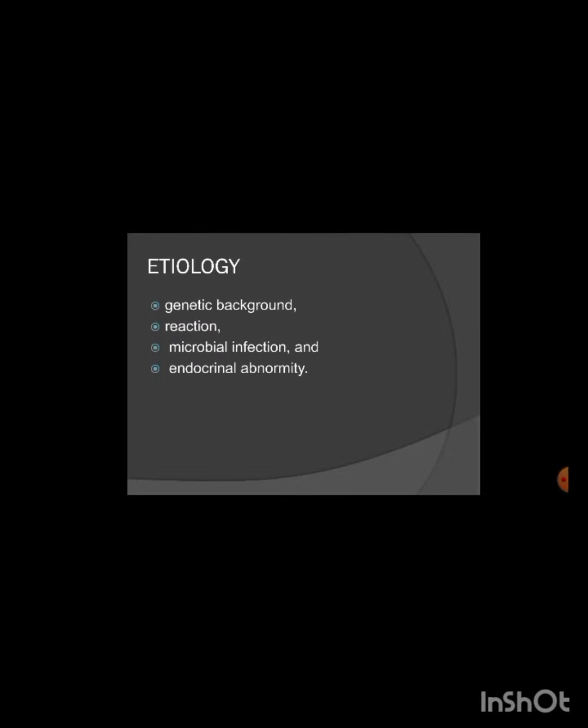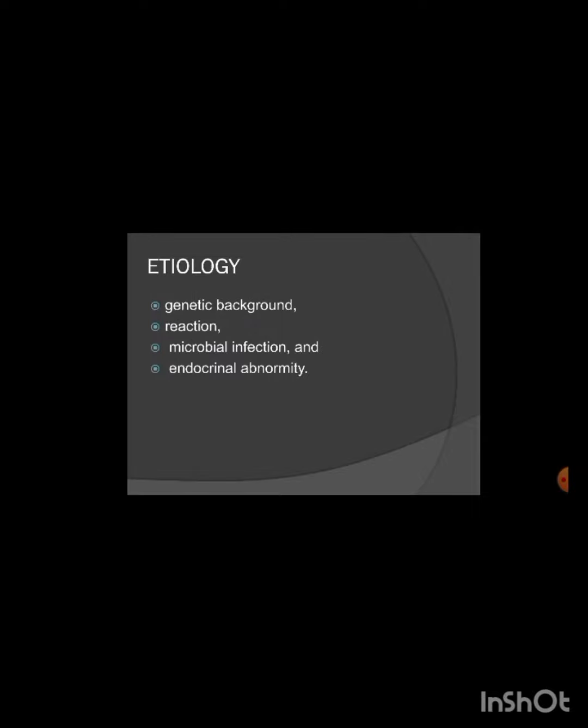So what is the etiology of ankylosing spondylitis? It is a very complicated disease. The etiology involves a genetic background. No single major etiological factor has been identified in this disease.